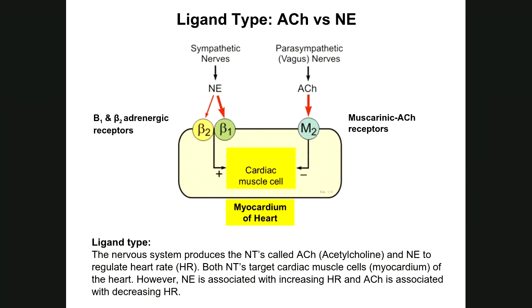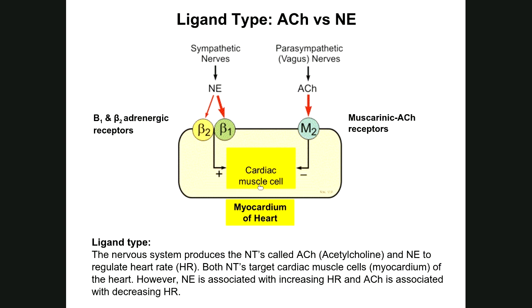Now, sometimes a cell can respond to more than one ligand because they have more than one type of receptor. In this case, I'm going to use your heart, specifically the myocardium of the heart. Myocardium is a fancy way of saying cardiac muscle tissue, and cardiac muscle tissue is made up of cardiac muscle cells.